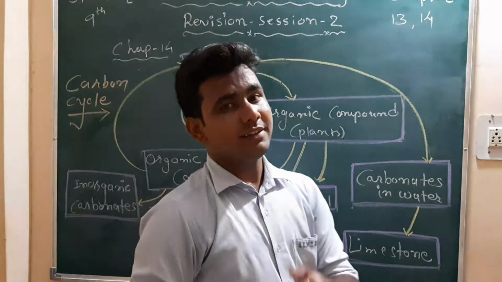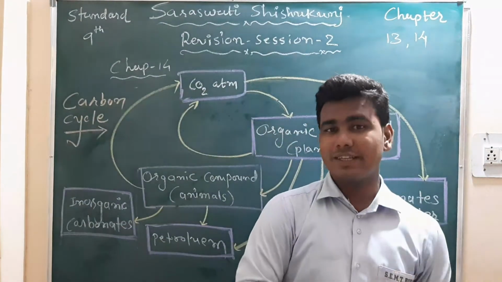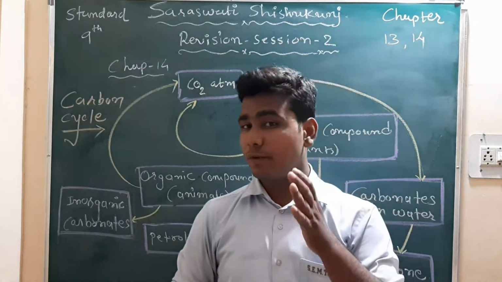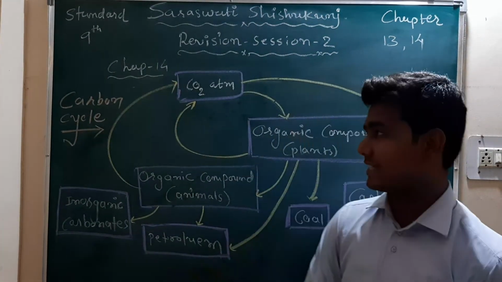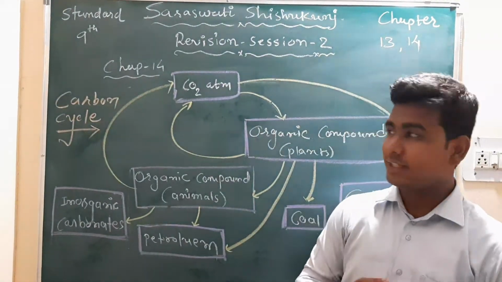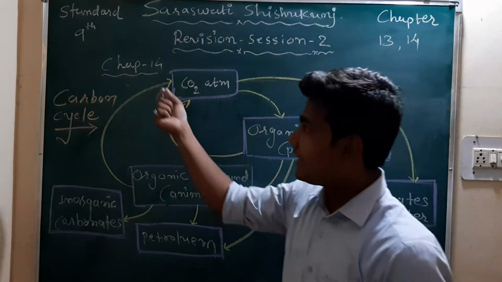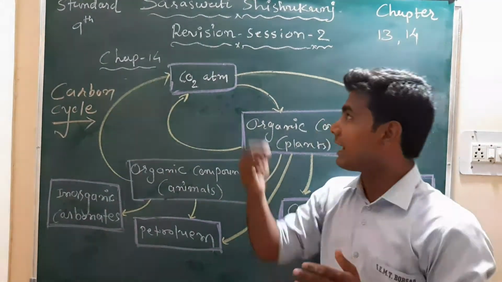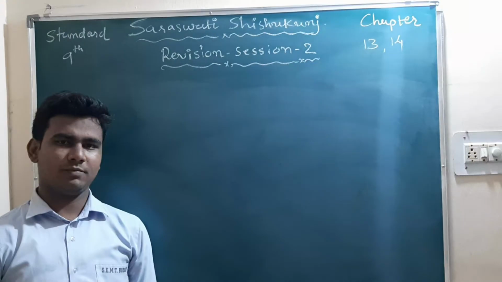How that is done, we have already discussed in our earlier videos. So you can go through the videos, and it's very necessary to prepare both cycles, the carbon cycle and the nitrogen cycle. So this way we are going to complete chapter number 14's important concepts for our revision session 2.